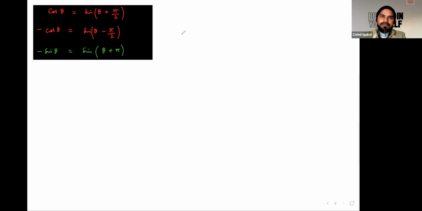Let me define this. For displacement, we had y equals a times sine omega t. So this omega t is called the phase for this function, since we have the sine function. Now, for velocity, v equals omega times a cos omega t.